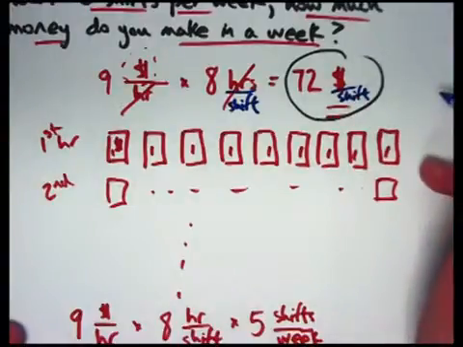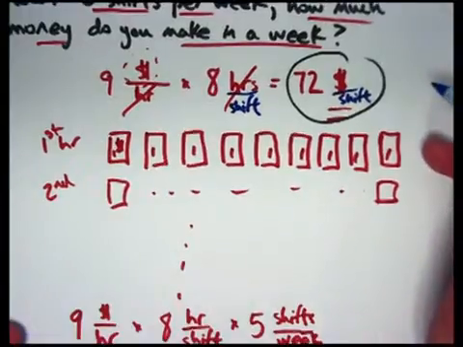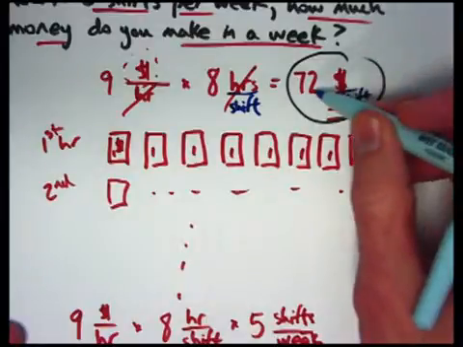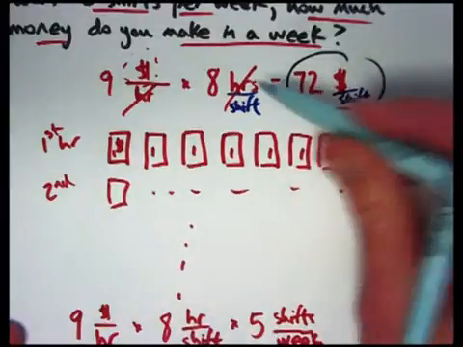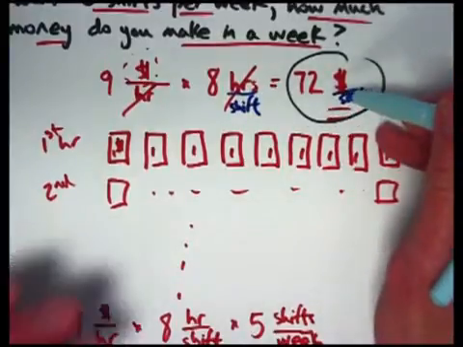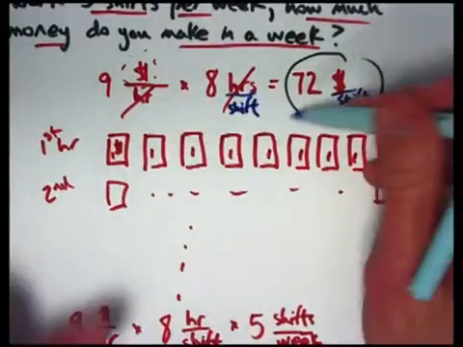And that would have been fine too, because it is $72 that you get in a shift. So you can think of the answer either way as just $72, or you can think of it as $72 per shift, but make sure you're consistent. If you just want to write your answer in dollars, then don't have the shift here at all. If you want to write your answer in dollars per shift, then do put the shift there when you show your work.